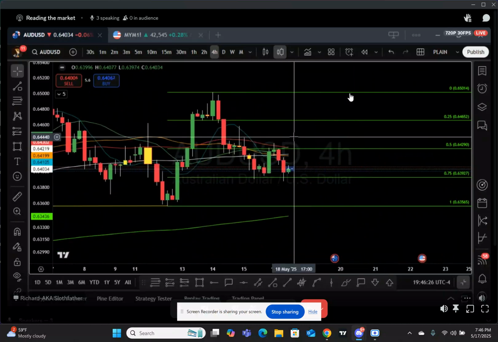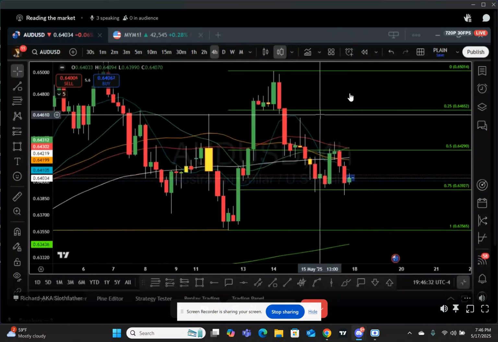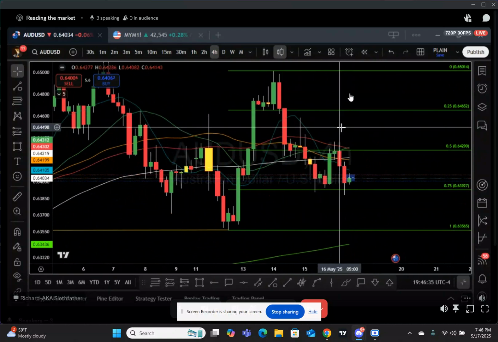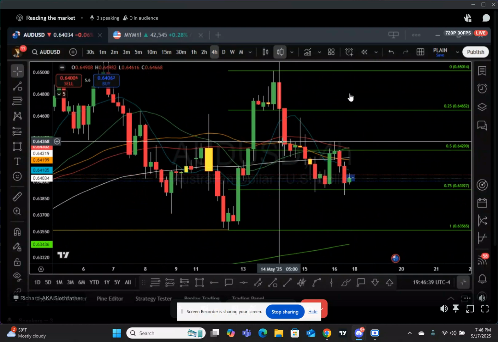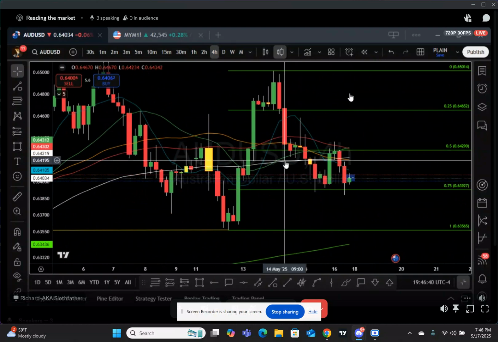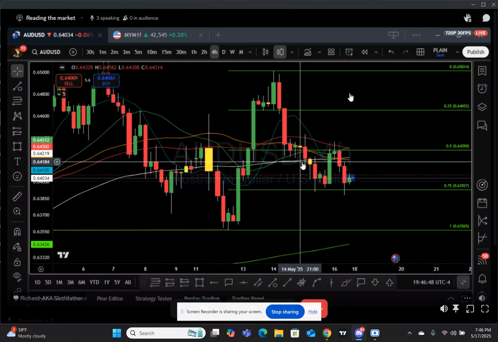Okay, now I have changed, I think I've told both of you, I've changed my SMAs to Fibonacci numbers, 23, 38, and 50 for my lower time frame, and I've colored them green, yellow, and red. So go, caution, and stop.